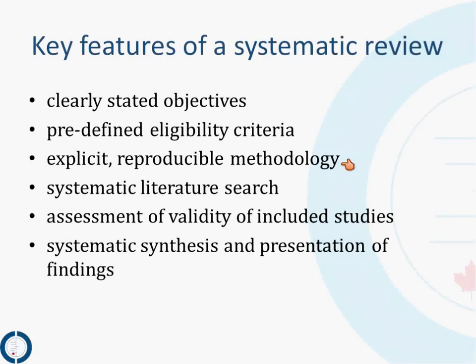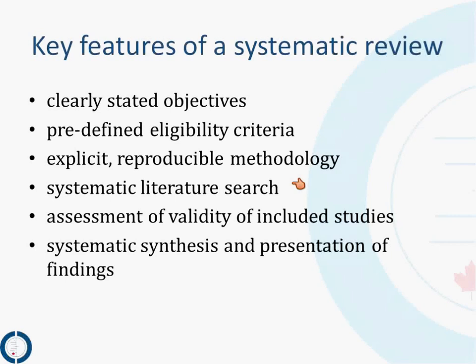Throughout the review, all the methods used should be explicit and transparent so that in theory, someone could follow along, repeat what you've done, and come to the same conclusions, or at least see clearly where they might have made a different decision.